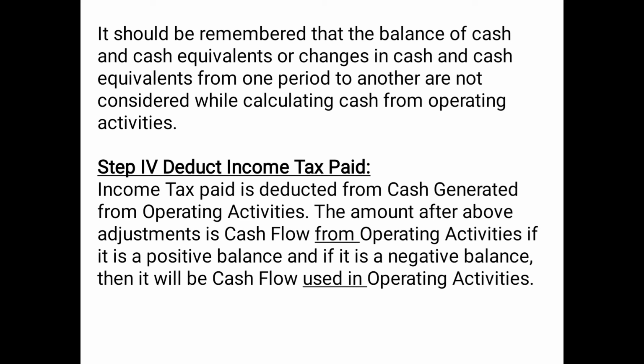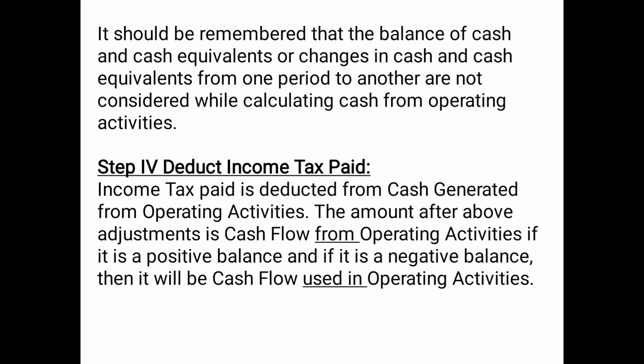That means after adjusting the non-cash and non-operating items, and then adjusting the increase or decrease in the value of current asset and current liability, whatever cash is generated from operating activities, from that we will deduct income tax paid.